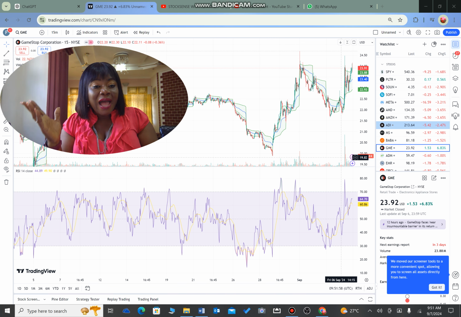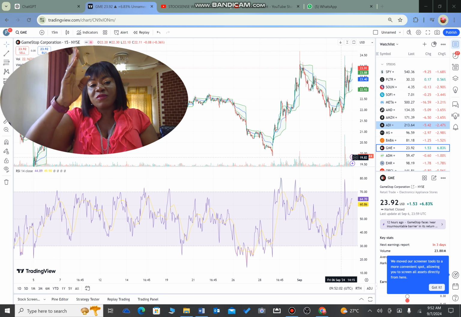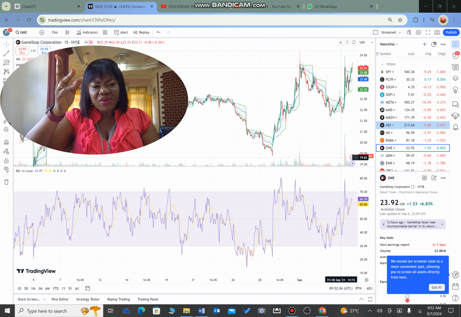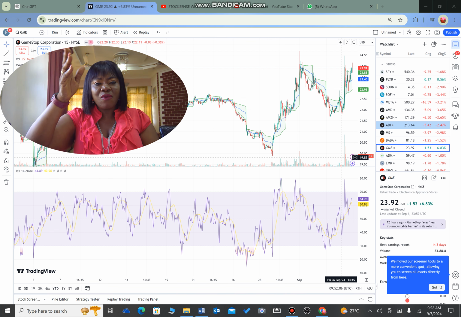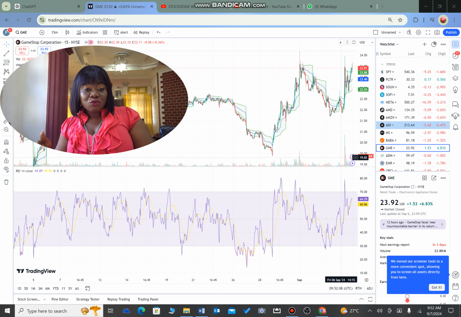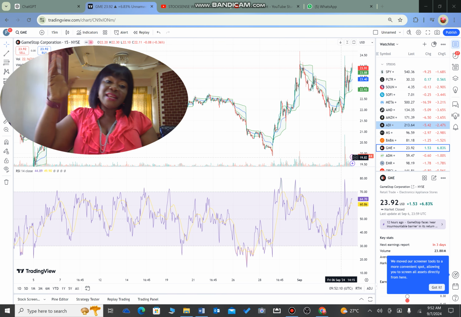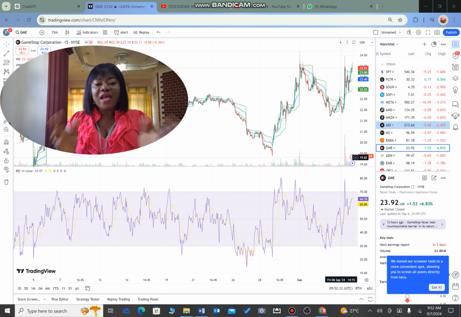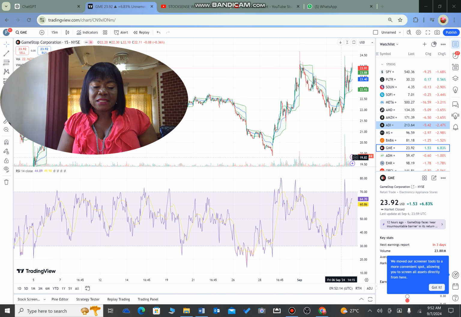And then I want to end this video by saying that you should use indicators that give you an upper hand, something like VWAP. With VWAP, when the stock price moves to the resistance level, it will hit the VWAP and then it will come back to support. It will hit the VWAP and then it will go back. So you need to be able to use indicators like this. You could even add the RSI, where you can see where a stock is oversold or overbought, and then you can enter and exit your trades profitably.